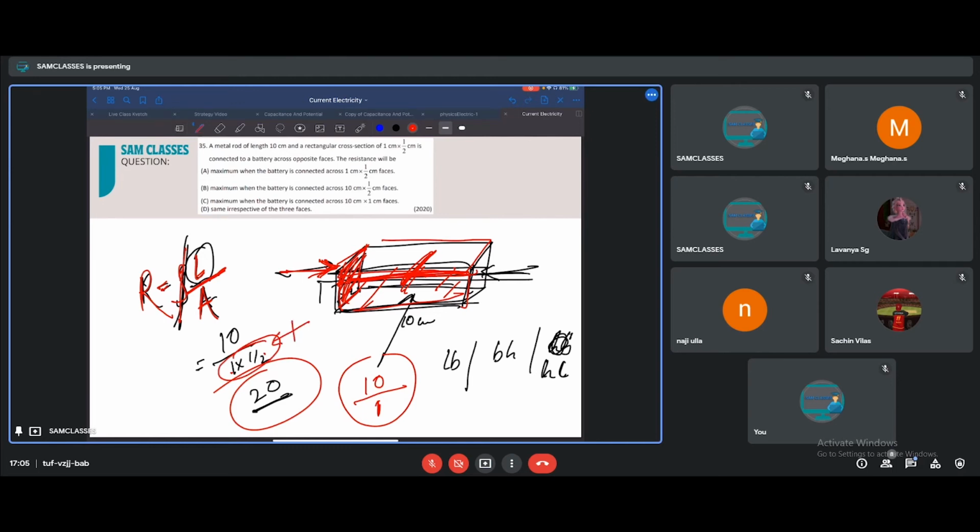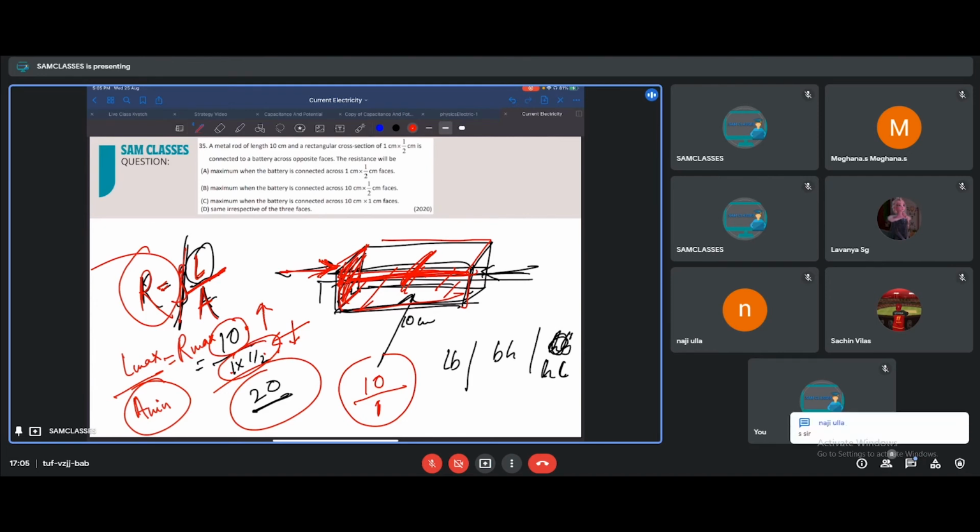And this is the maximum value I can get of the length. So in this case, the area is the minimum and the length is the maximum. So resistance will be what? Maximum, yes or no? For this case, area is minimum and the length is maximum. So my resistance will come out to be maximum or not? Yes or no?